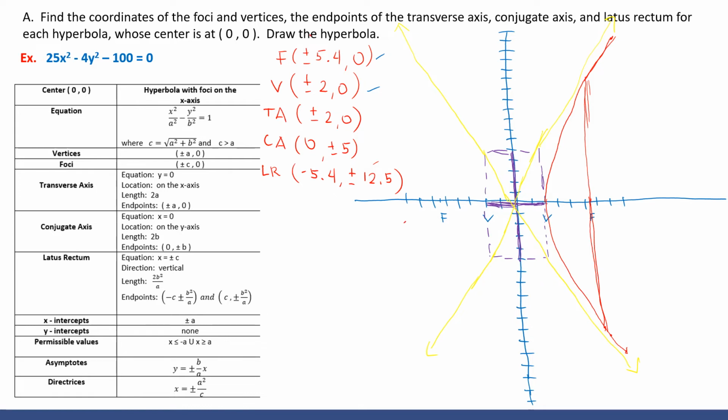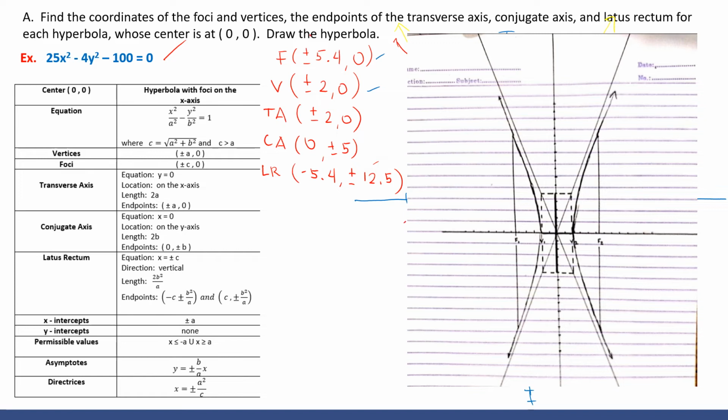So dapat talaga may ruler, but again, to give you the concept, ito pa rin ang ating magiging concept. Then 12.5 units down, and then from the vertex, draw. Okay? From here, draw. So this, therefore, is our graph of this hyperbola of the equation 25x squared minus 4y squared minus 100 equals 0.